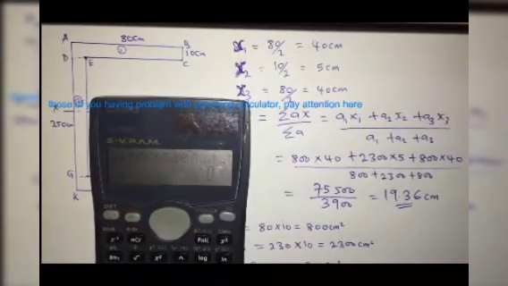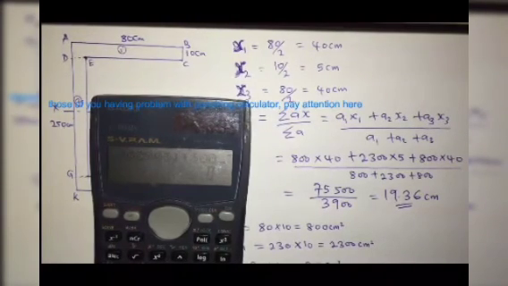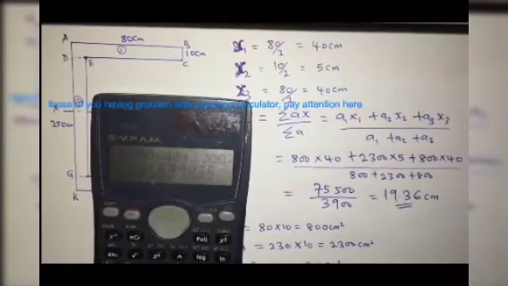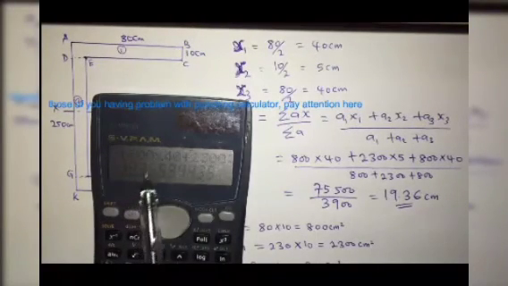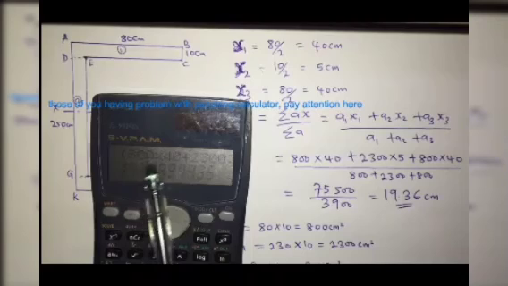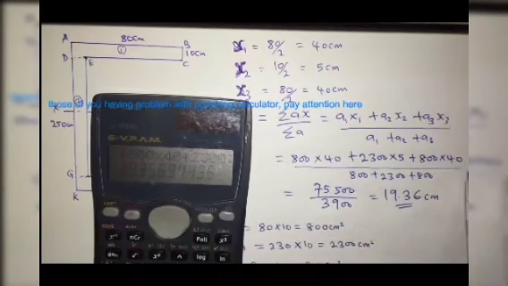I was trying to show you an alternative way of doing this. You can put everything in brackets, like you put the numerator in brackets, everything. Then you put a division sign and put the denominator in brackets also.